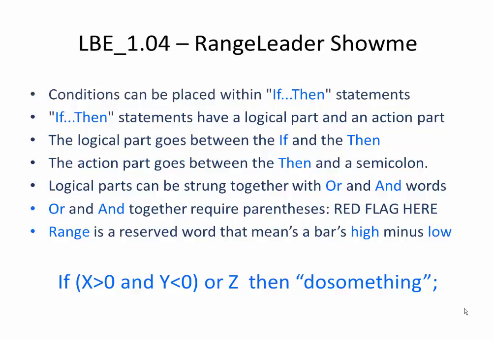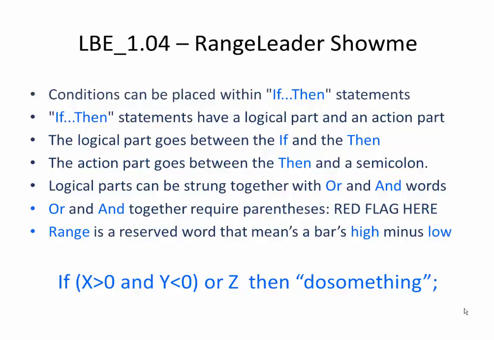Or and and together require parentheses for TradeStation to figure out how you're combining your elements. This is a red flag item, and I guarantee you if you do not use parentheses with and or statements combined in the same piece of code, you're going to run into trouble.